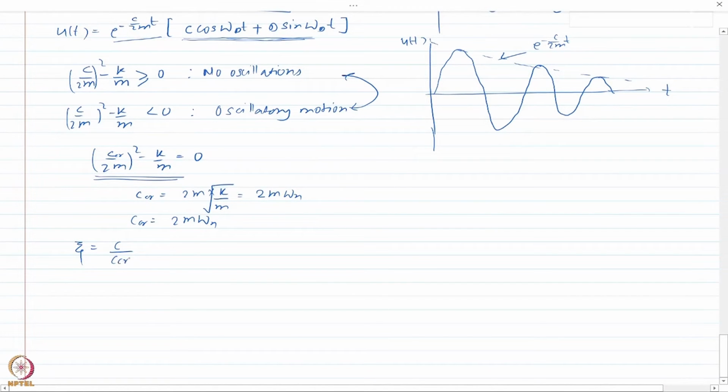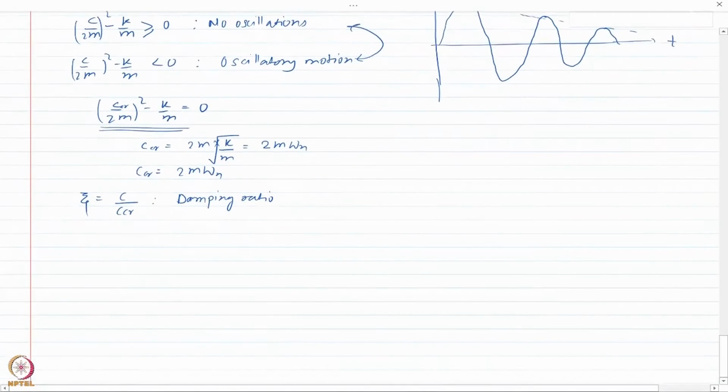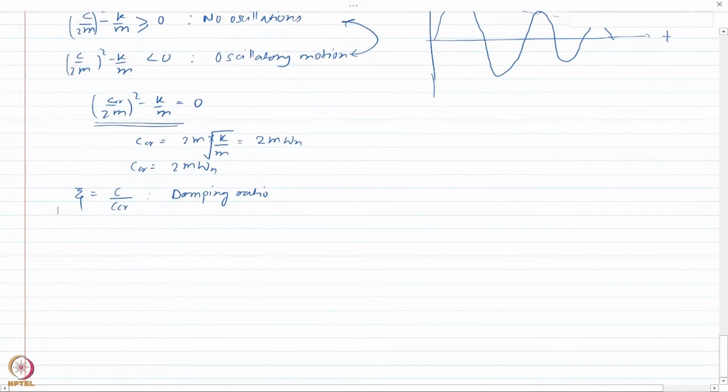So the ratio of C by C critical is defined as zeta, which is called the damping ratio, or at many places you will also see it referred to as damping as a value of the critical. So as you can see, in terms of C critical or zeta, what did we deduce here?